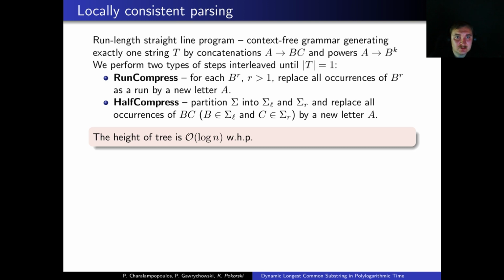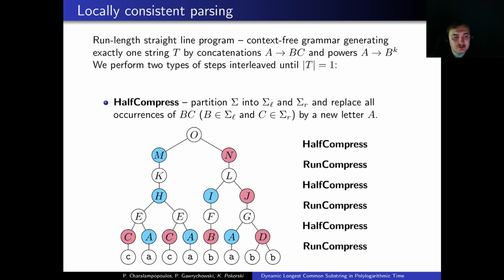This is quite easy to see because each run compress gets rid of runs. So when we perform half compress, we have a sequence of symbols, and no two adjacent symbols are the same. So when we randomly split the alphabet into left and right part, there are 4 cases for any pair of adjacent nodes: either left left, left right, right left, or right right.